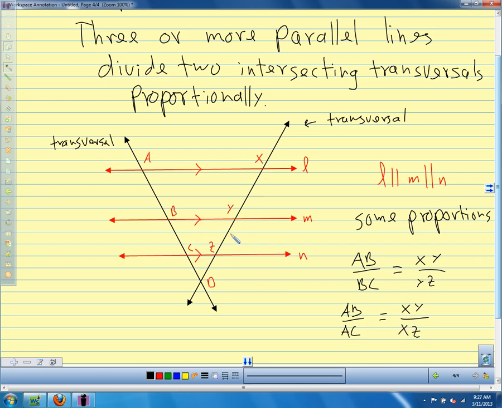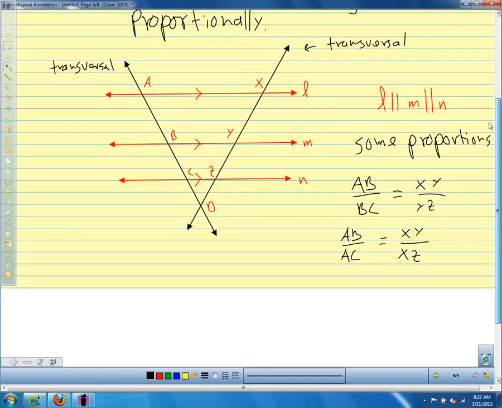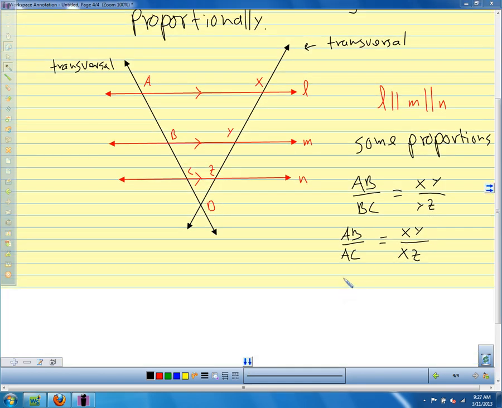This piece divided by the whole length there. And let's write up one more. AB over XY. So this divided by this equals BC divided by YZ. So we're just matching up the corresponding parts. Parts in the same place, we make proportions out of them, and then we can use that to solve problems.